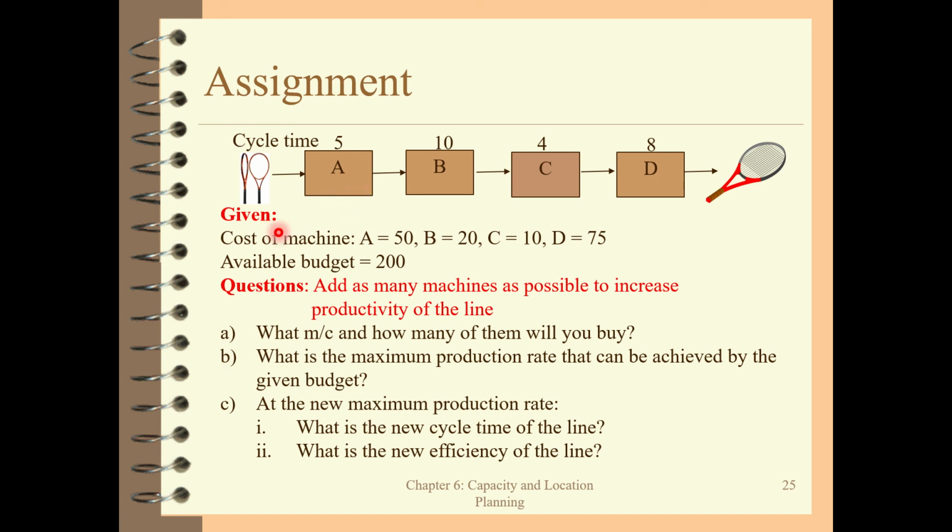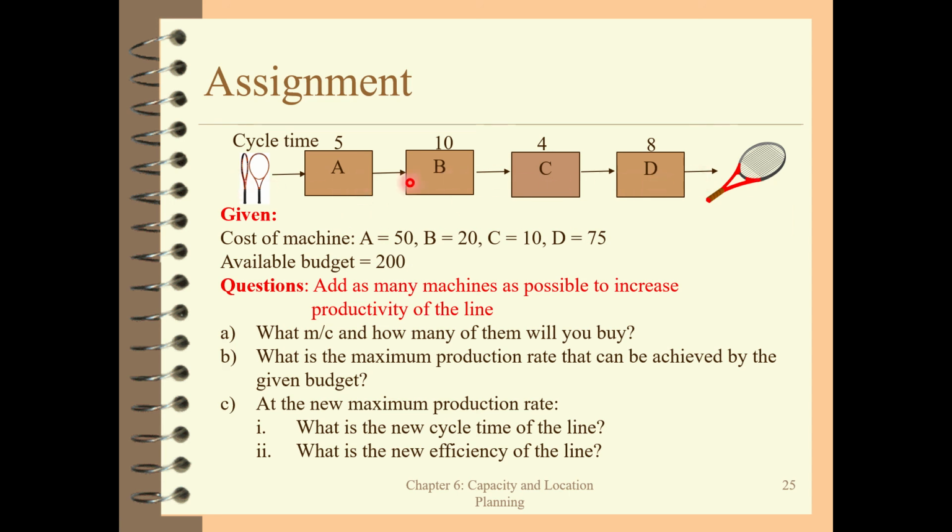Suppose that the cost of each machine is given, like A costs 50 per machine, B 20, C 10, D 75. You got the budget of 200 to add machines to this system. Okay, additional machines.